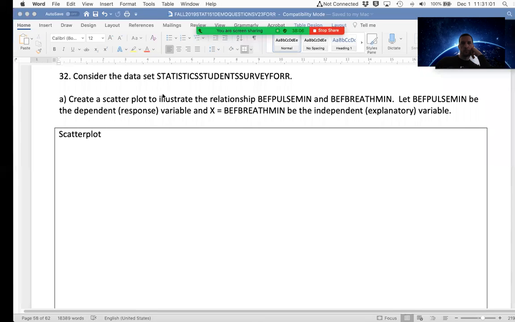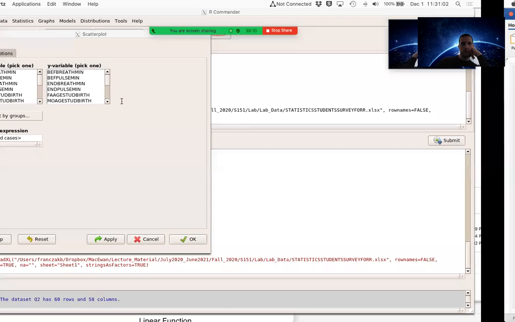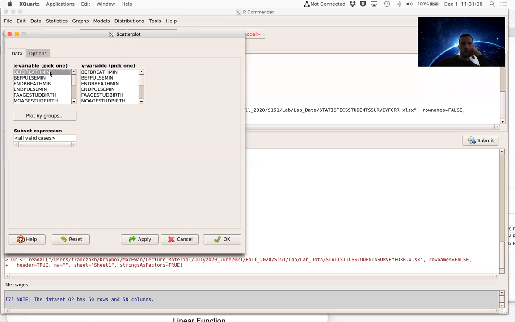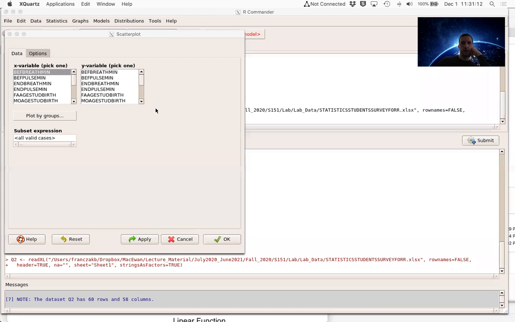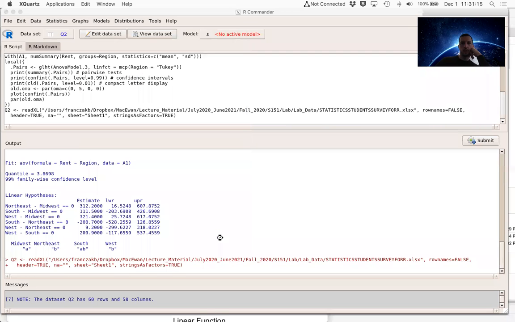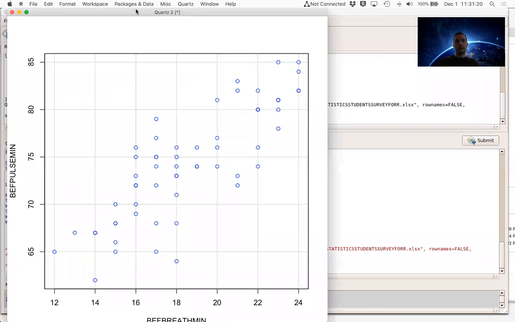The X variable is BF breath min, and the Y variable is BF pulse min. Okay, so we click OK. And then here's our scatter plot, right?